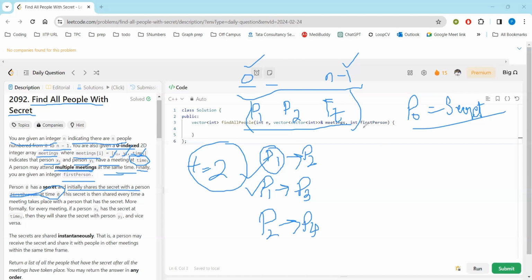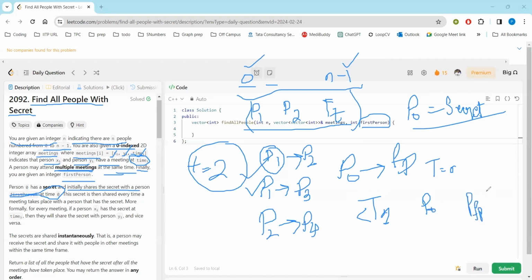So we are given firstPerson, that is FP, and P0 shares the secret with the first person at time equal to 0. That means before any time frame t equal to 1, person 0 and person FP know the secret.